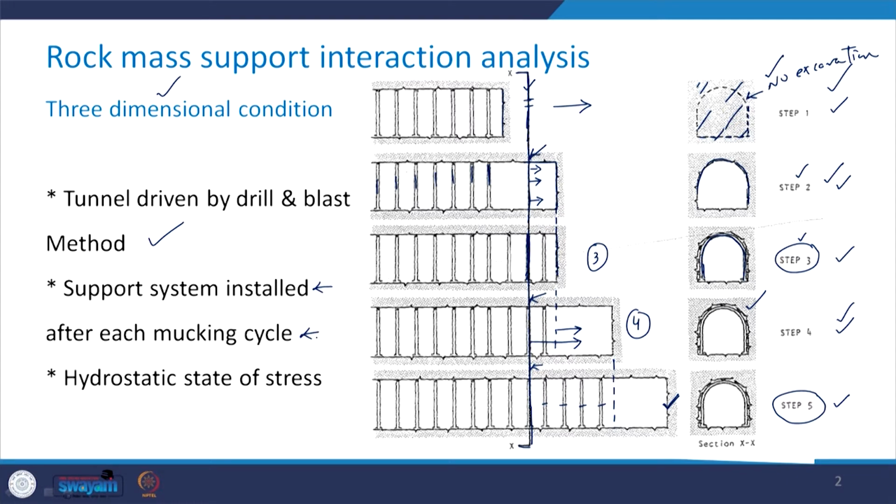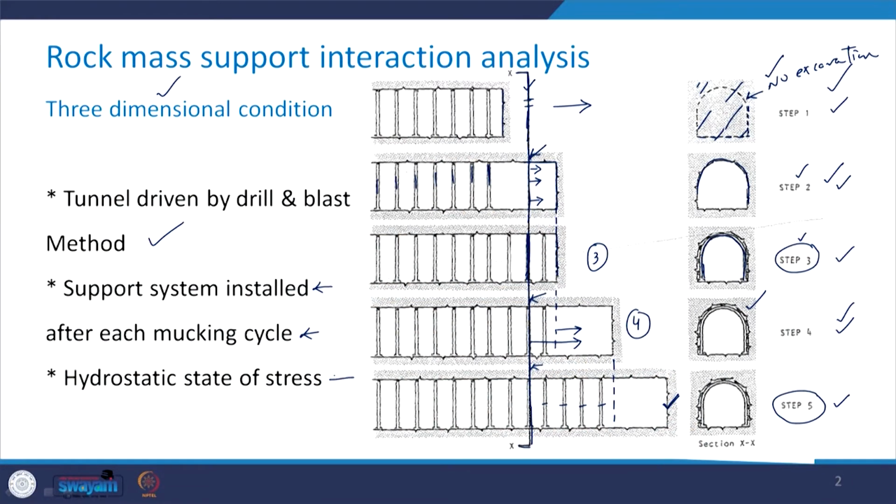That means you advance the tunnel some distance, whatever muck material results from advancing the tunnel is removed, and then the support system is installed in that excavated region. The third condition is that a hydrostatic state of stress is assumed. This means the horizontal as well as the vertical stresses are the same.